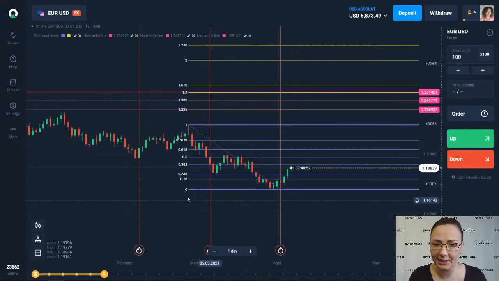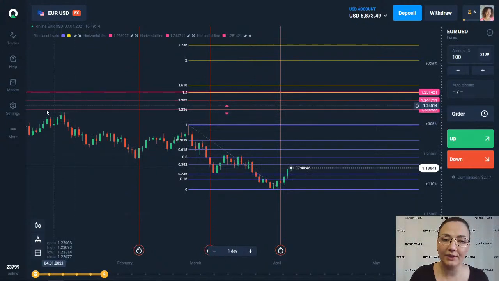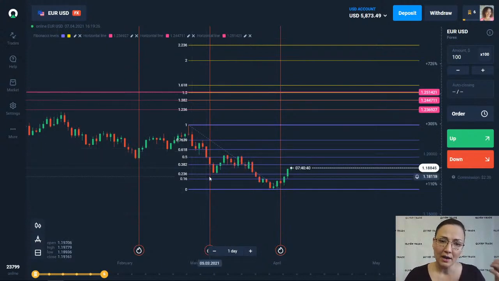And as you can see right here, the 1.236 right here in the future coincides with this resistance. Now again, remember that I told you, I know I've mentioned this previously, these lines, these levels, they're areas. They're not exact points.